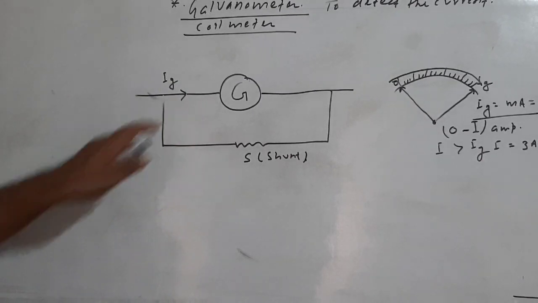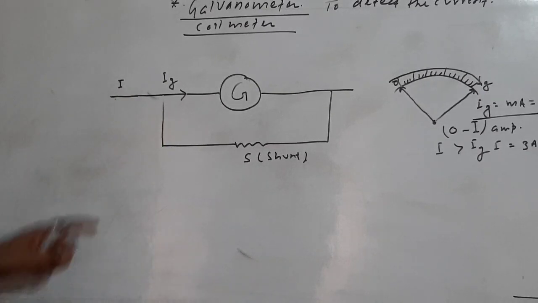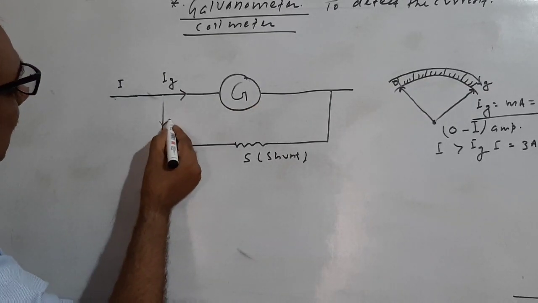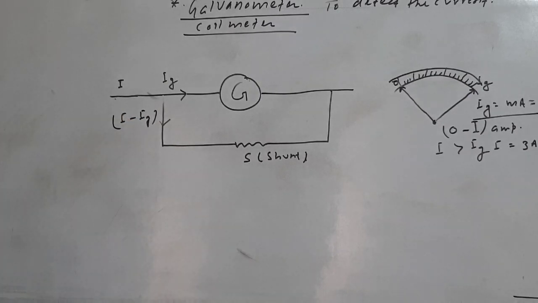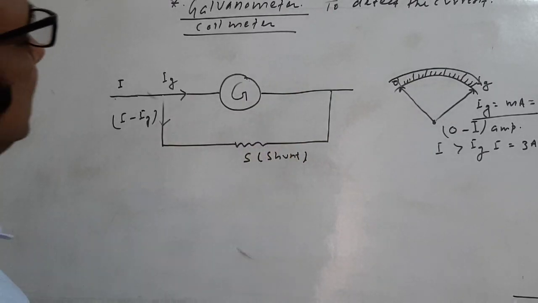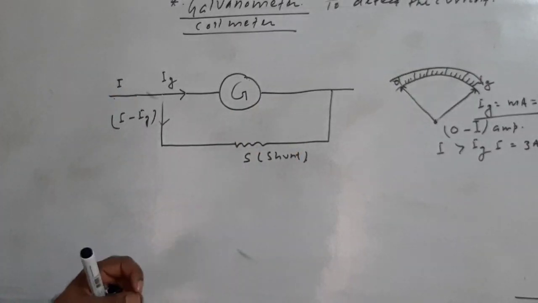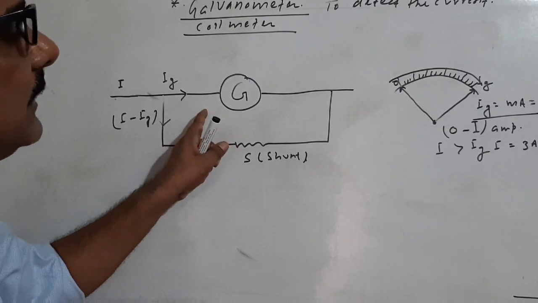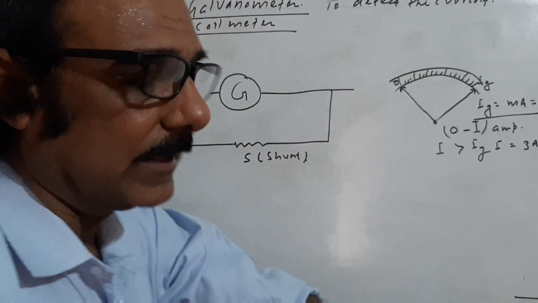If the current I ampere now enters, the current Ig is allowed to pass through the galvanometer, and the rest of the current, I minus Ig, is allowed to pass through the shunt, and in this way the galvanometer can be protected. Now you have protected it. So what is the value of the required resistance of the shunt to convert a galvanometer into an ammeter of suitable range from 0 ampere to I ampere?